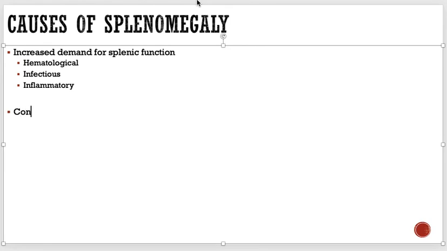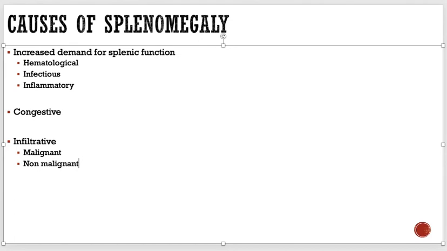Then one of the causes of splenomegaly is congestive, where there is congestion in the spleen, and that's what is getting enlarged. And the third is infiltrative, where different conditions infiltrate the spleen, and the spleen becomes enlarged. Which can again be malignant or non-malignant. There can be infiltrative malignant conditions, or infiltrative non-malignant conditions.